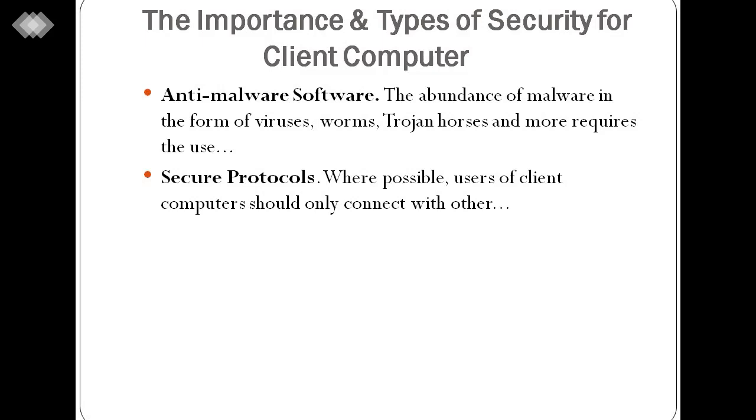In anti-malware software, the abundance of malware in the form of viruses, worms, Trojan horses, and more requires its use. In secure protocols, where possible, users of client computers should only connect with others securely.